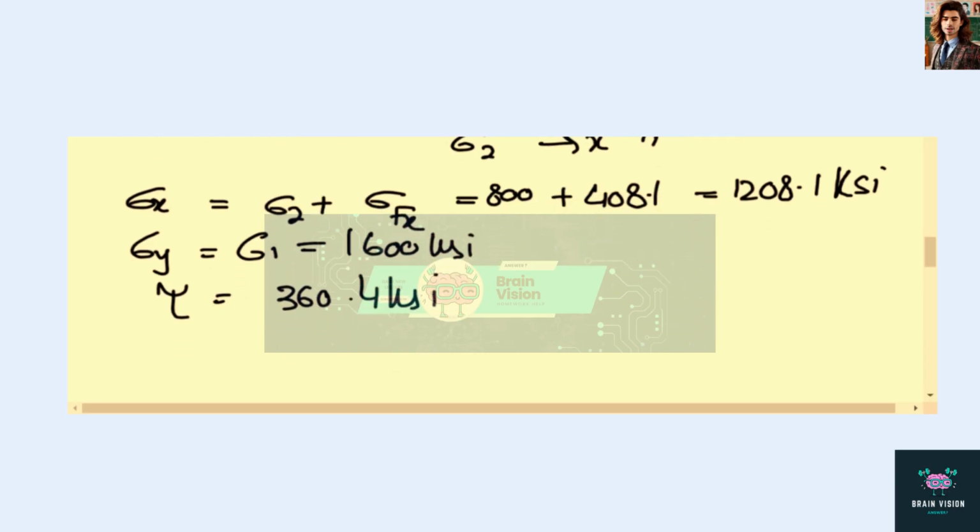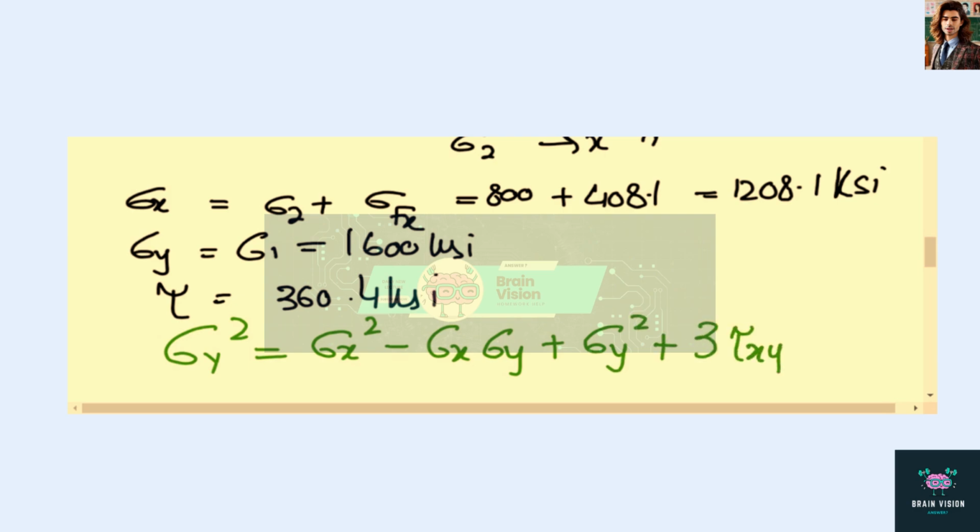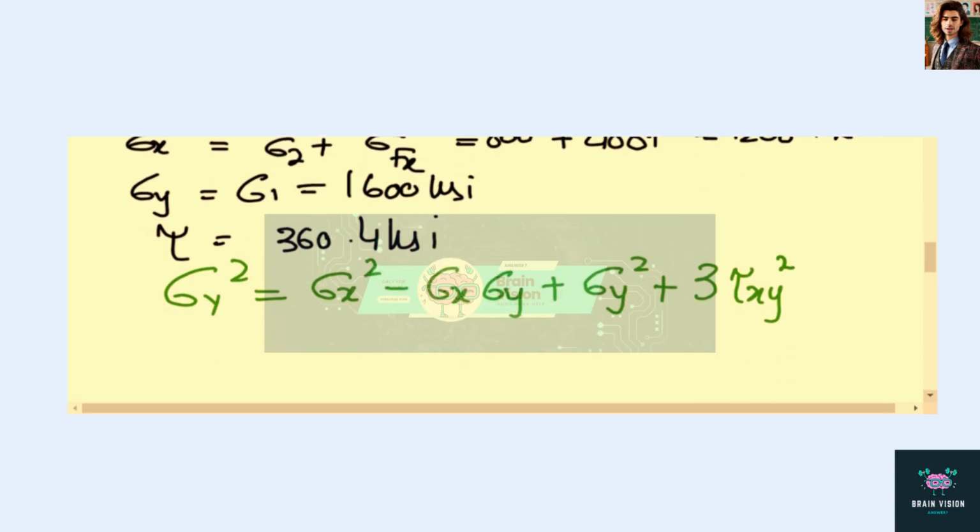Again, in problem 10.59 we found that the distortion theory can be written in terms of sigma x, sigma y, and tau xy. So we are going to use this equation, sigma sub e squared equals sigma sub x squared minus sigma sub x sigma sub y plus sigma sub y squared plus 3 times tau sub xy squared.